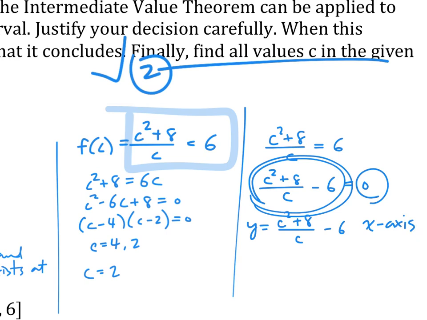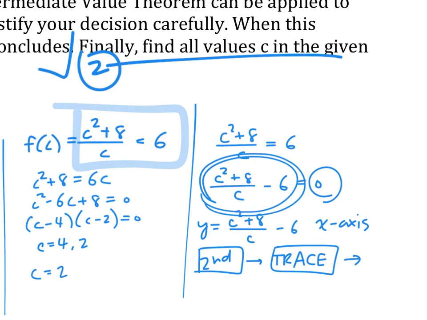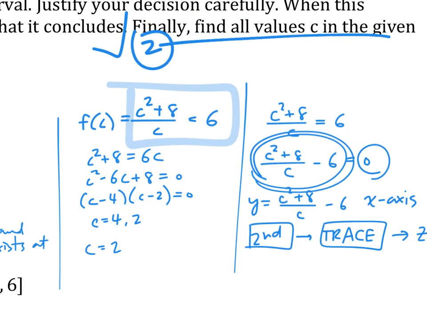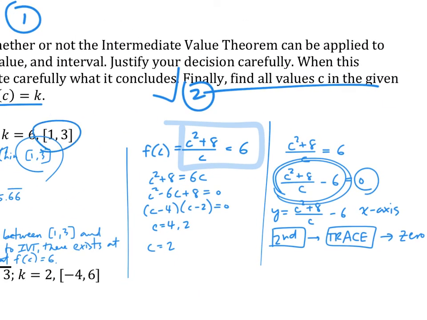And hopefully you remember from last year in pre-calc, you would use the second and then go to trace. And then one of the functions in there says 0. And then you use that left bound, right bound to figure out what the 0 is. And then remember that you're still within the closed interval 1 to 3.